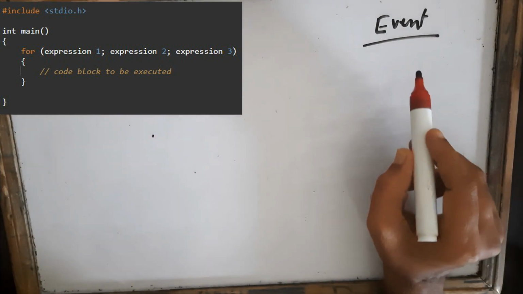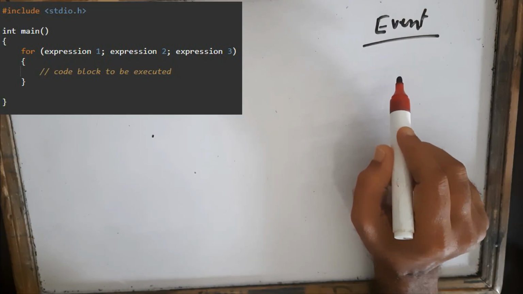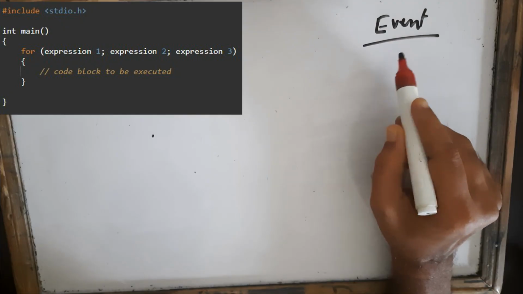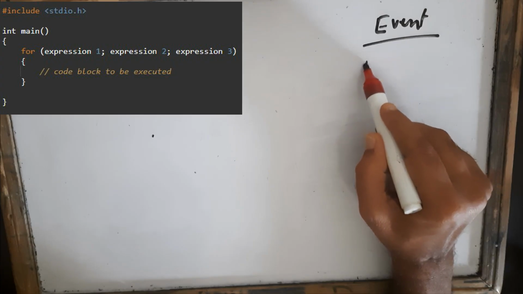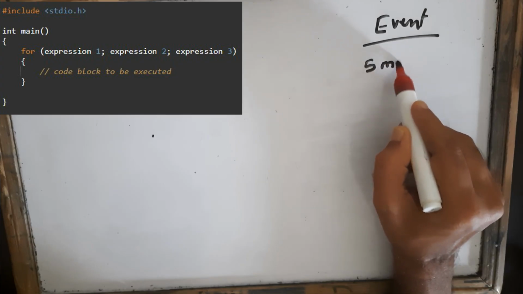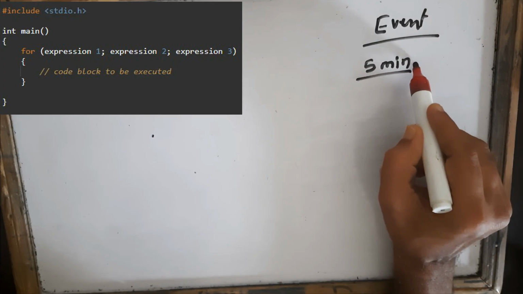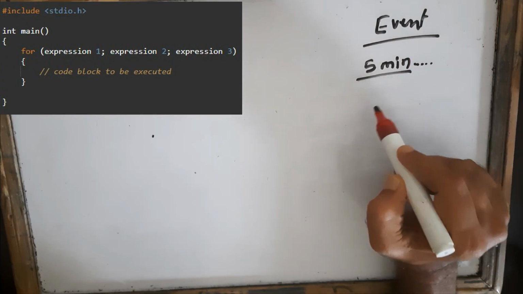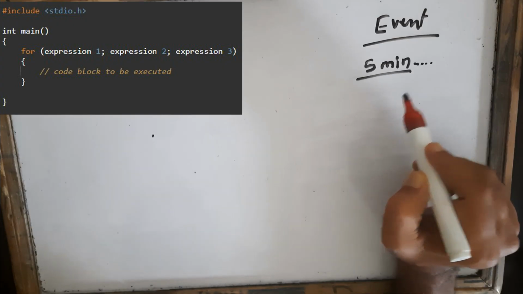Every 5 minutes, you need to check whether the event completed or not. You go and check, come back, and wait for the 5 minutes to elapse. Once 5 minutes have elapsed, you go and check for the event.